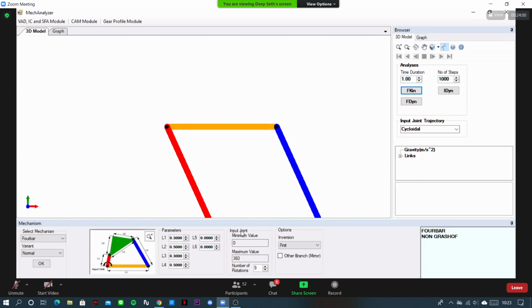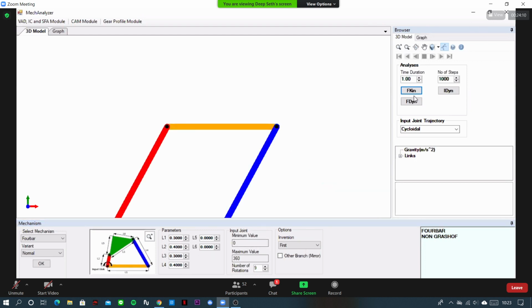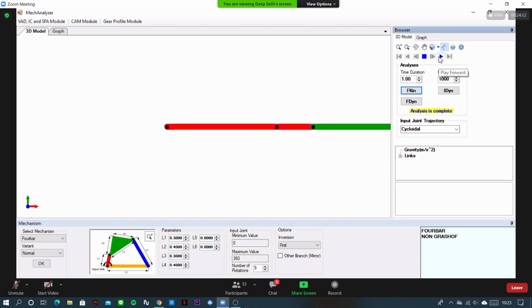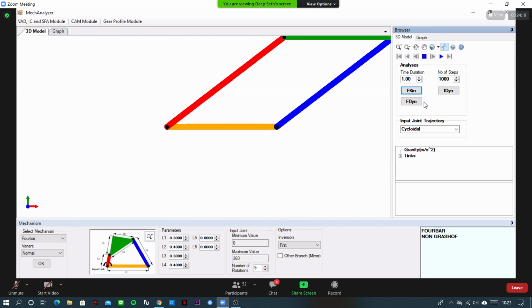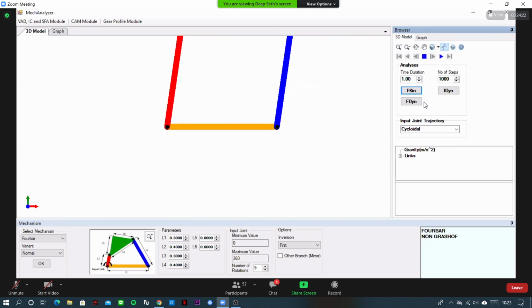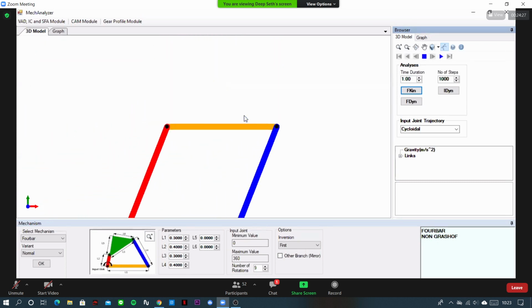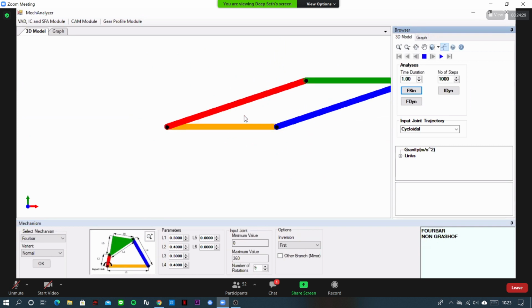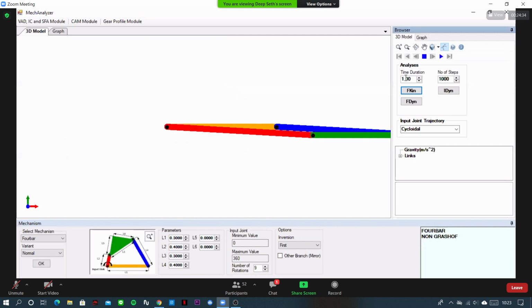It doesn't move, so I will just make it smaller. Let's make this 0.4 and this also 0.4 so that it is visible. Yeah, so how it will move, you can see. Something is out of the screen. I don't have a mouse, otherwise I could have made it smaller. Okay, so this is how your link is moving. So this is your parallelogram linkage.